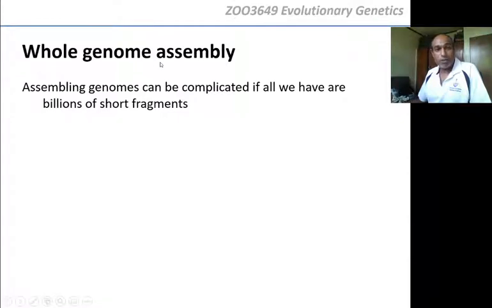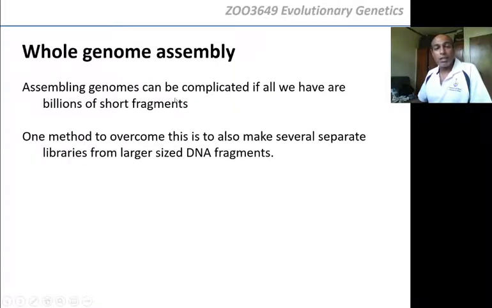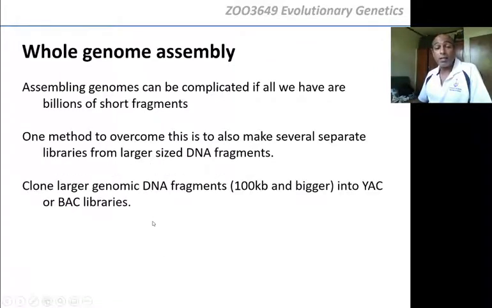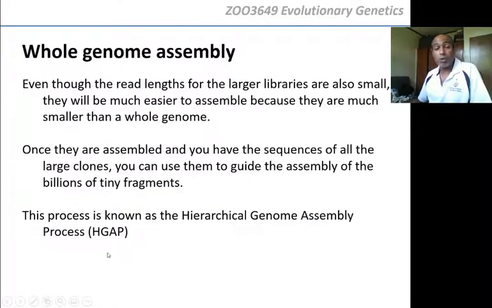This section is basically re-explaining how we do the assembly. It's very complicated if all we have are billions of tiny fragments, and that's why we need these DNAs of larger size, the big ones, YAC and BAC libraries, and the whole process again.